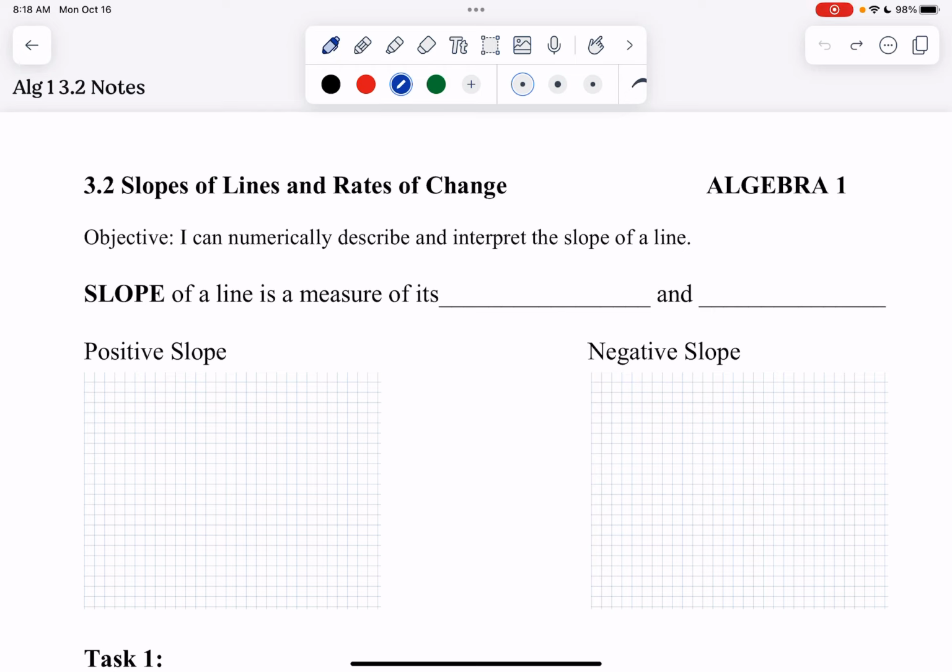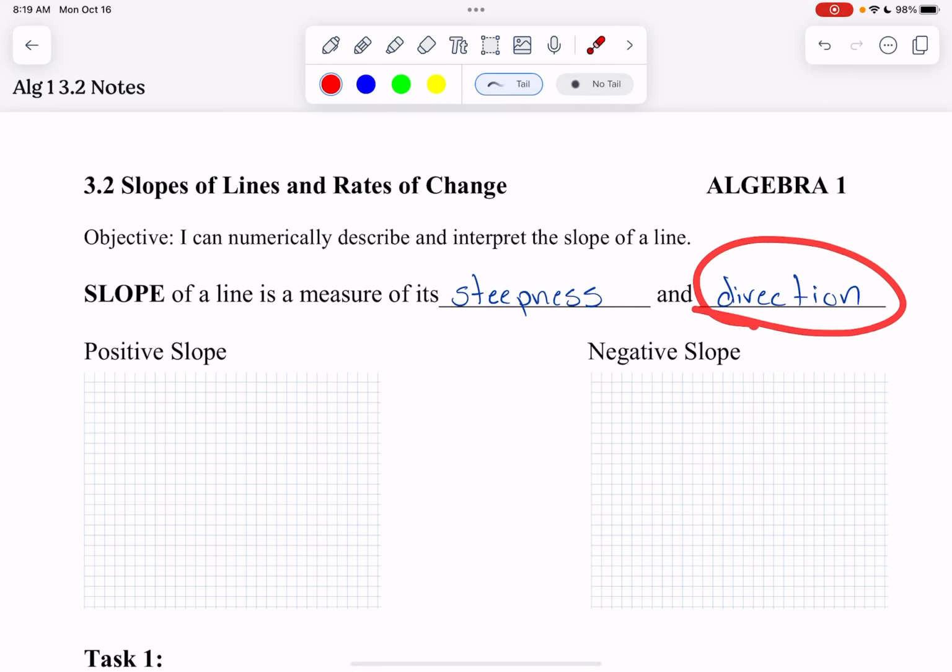Okay, so slope. The slope of a line is the measure of its steepness and direction. So we can tell how steep a line is and what direction the line goes. First we're going to talk about this direction component.